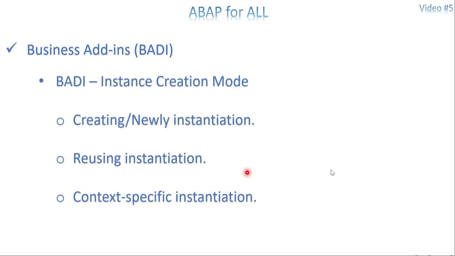And these are some BAdI options, I can say. If you go only for the implementation, then you don't need to worry about these things. But whenever there is a chance of creating a custom BAdI, which is a very rare scenario, it's nothing but creating your own custom enhancement spot and a custom BAdI definition.